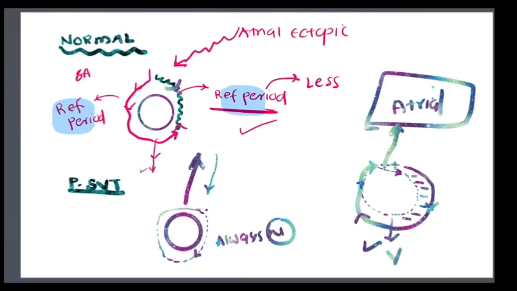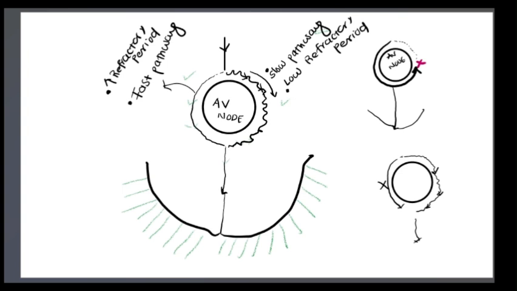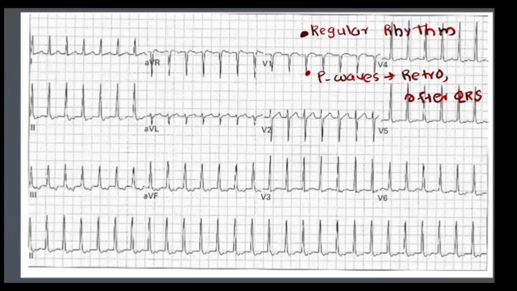So to take one round around this circle, around this AV node, it's always going to be the same. So the rhythm would be regular. So we have regular rhythm, narrow QRS complex, and P wave after QRS, an inverted P wave. These are the characteristic features of PSVT, paroxysmal supraventricular tachycardia.